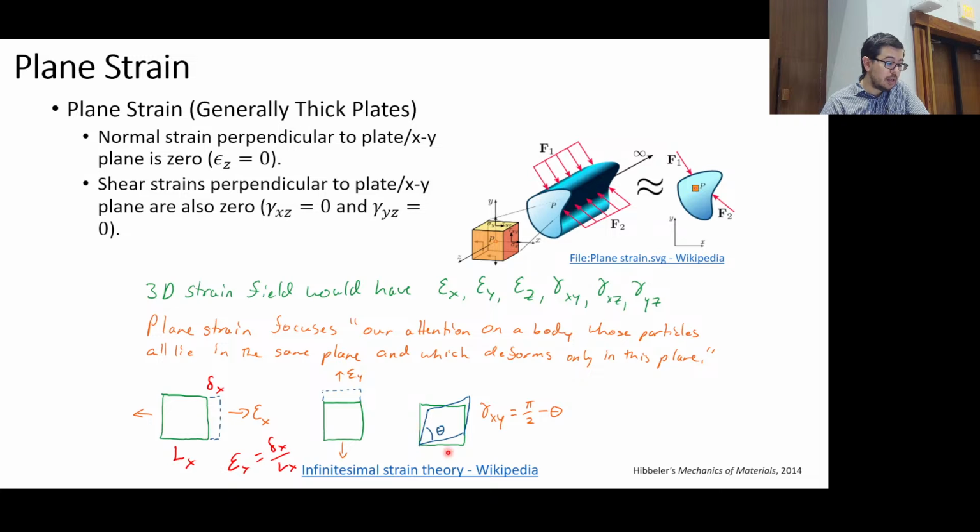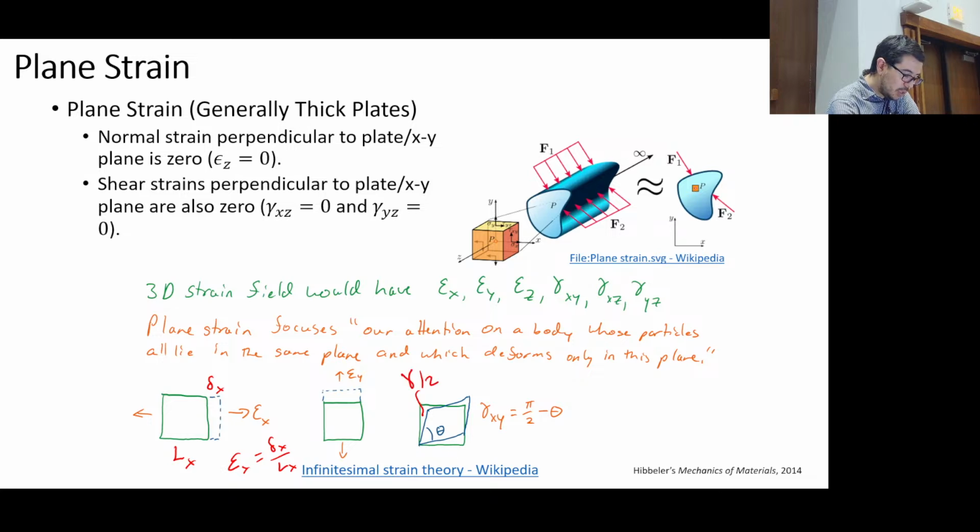And what we often do is we say that over here on this side we have a gamma over 2, and on this side underneath we also have a gamma over 2. And another way to look at it is that the gamma xy is going to be equal to this 90 degrees minus the internal theta, right? So all those ways of depicting the shear strain are valid.